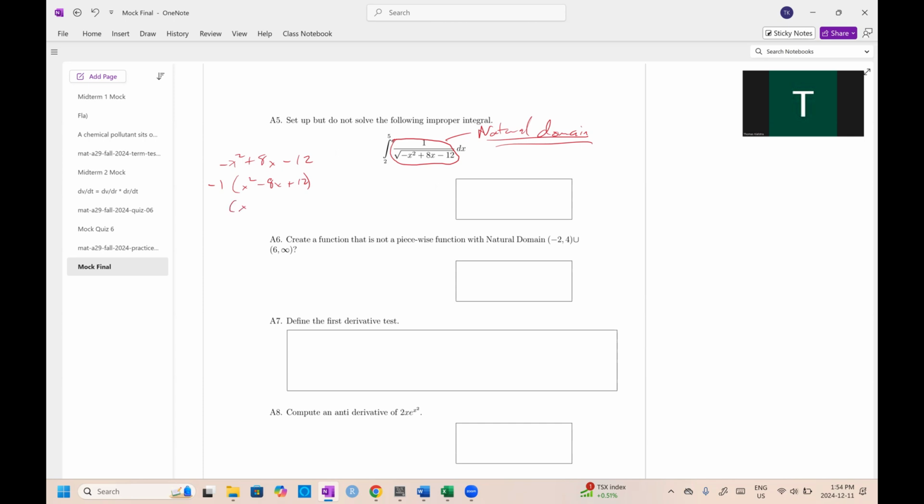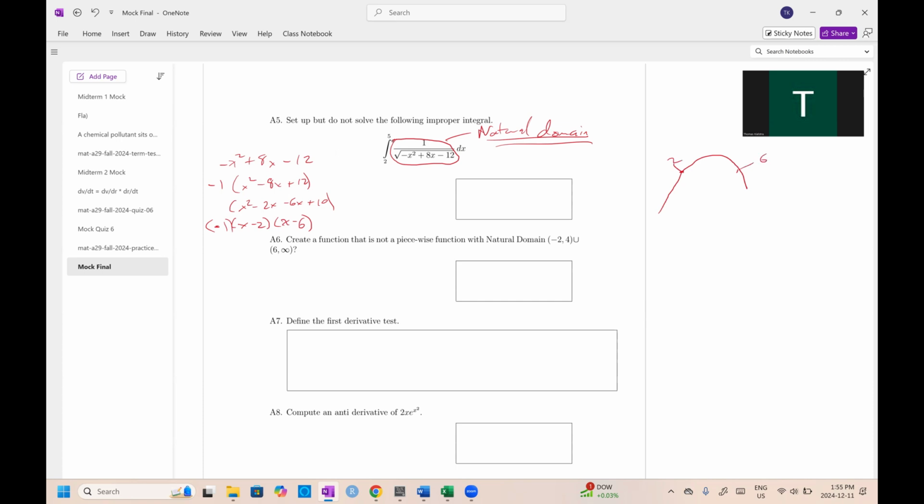That is x squared minus 2x minus 6x plus 12, giving me x minus 2, x minus 6, with a minus 1 out front. Now, this is going to be a parabola that looks like this, with roots at 2 and 6.